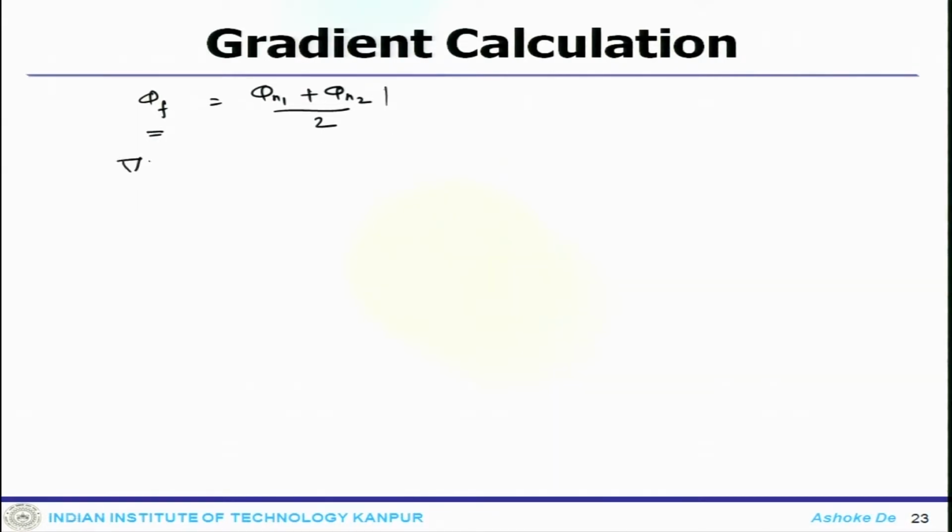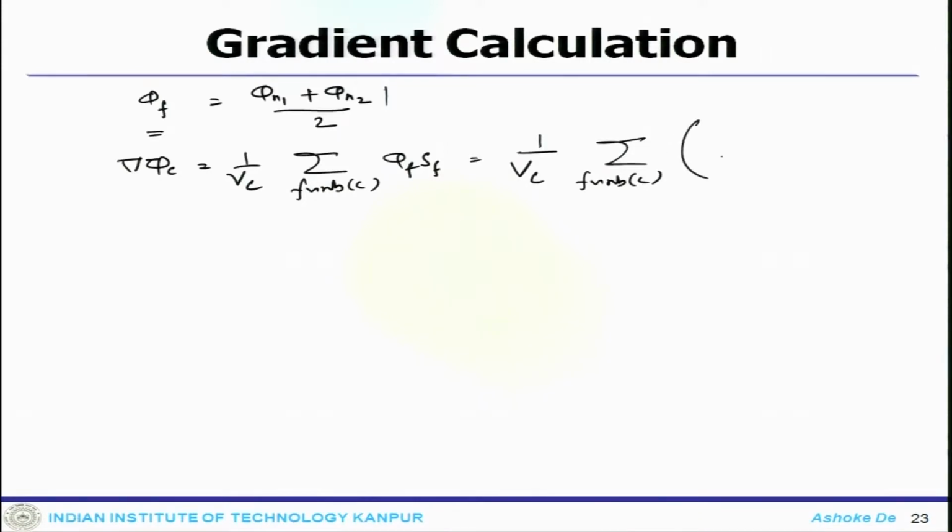Similarly, the gradient would be calculated as 1 by Vc summation of F NBC phi f SF, which is 1 by Vc summation of, then we get (phi n1 plus phi n2) divided by 2 at F SF.